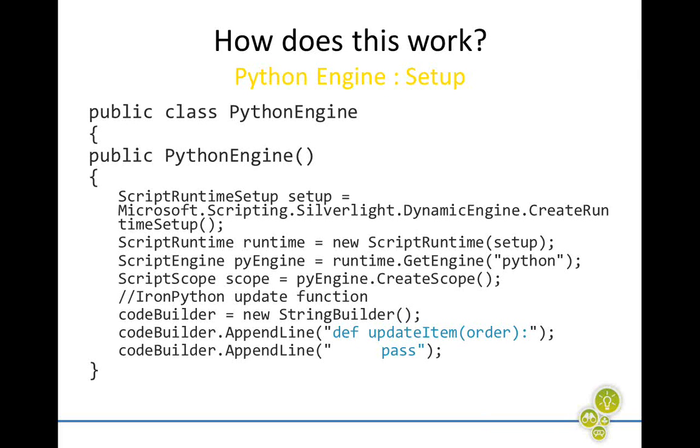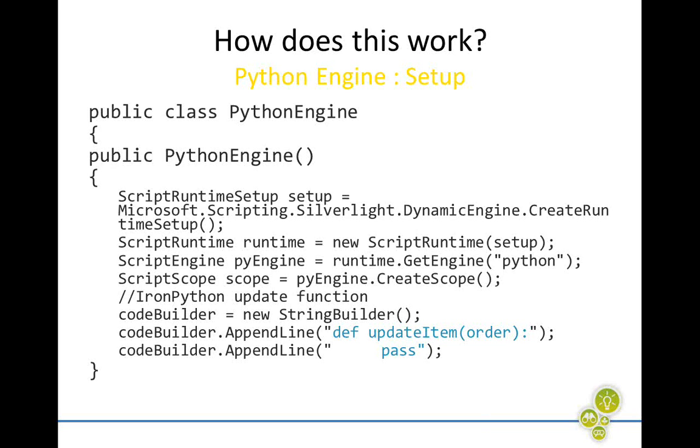So the Python engine has a string builder member variable, and it basically initializes that variable, if you look at the bottom, to a no-op Python function. So there's a def update item, and within the def, there's just one line which says pass.